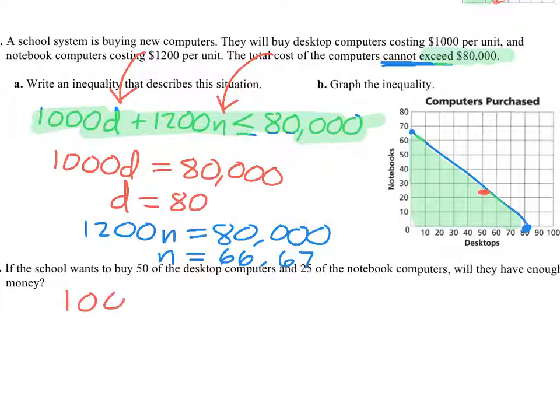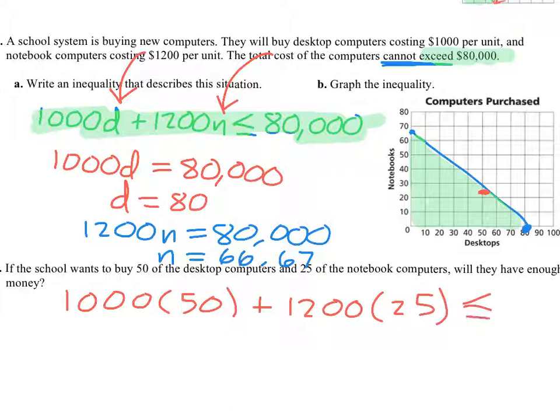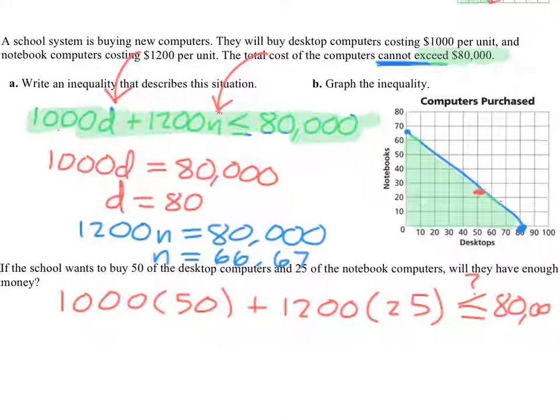So 1,000, and we want 50 of those. And then we have the $1,200 computers. We want 25 of those. If we do this, I'm going to put a question mark here. Will we be under the $80,000 budget?